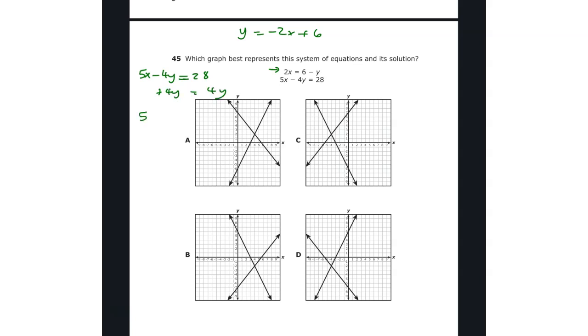So we have 5x equal to 4y plus 28. And then we subtract 28 from both sides. So 4y equal to 5x minus 28. Divide everything by 4. Y is 5 over 4x minus 7.